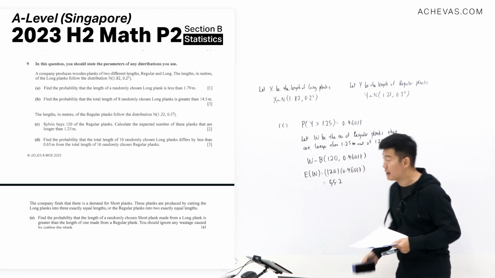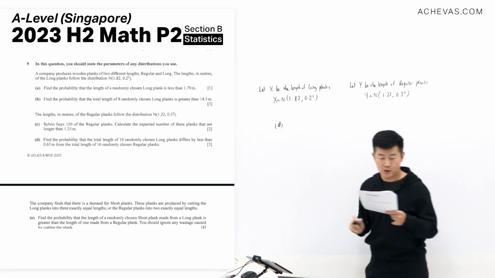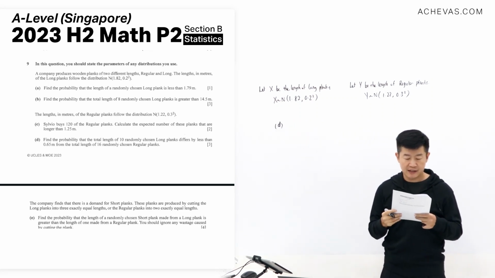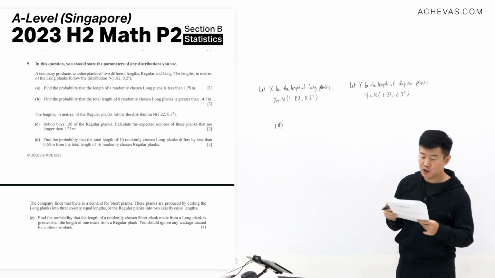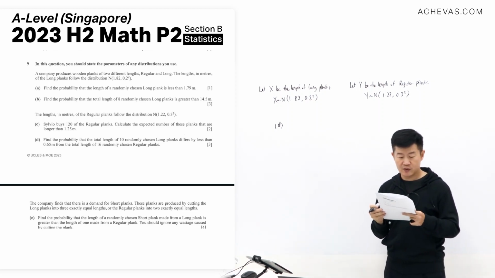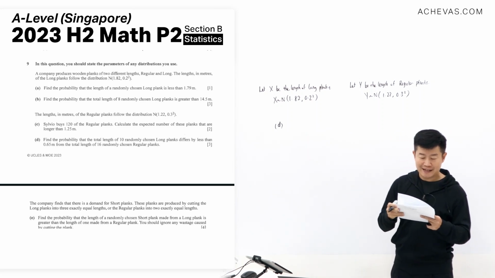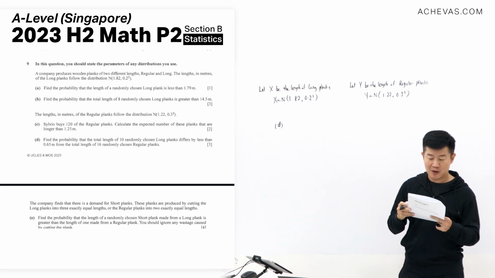Let's move on. Let's take a look at part D. For part D, we are going to try to find the probability that the total length of 10 randomly chosen long planks differ by less than 0.6 meters from the total length of 16 randomly chosen regular planks.